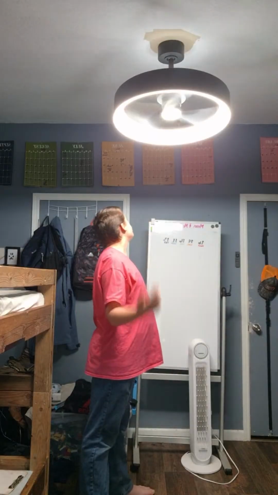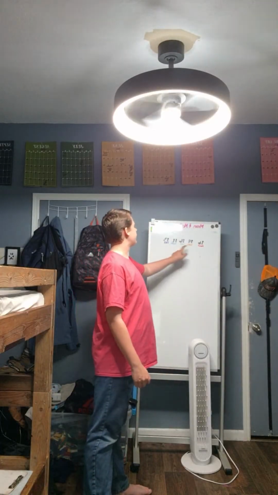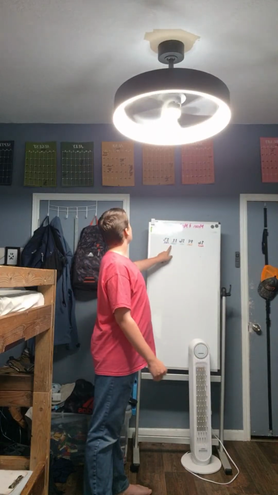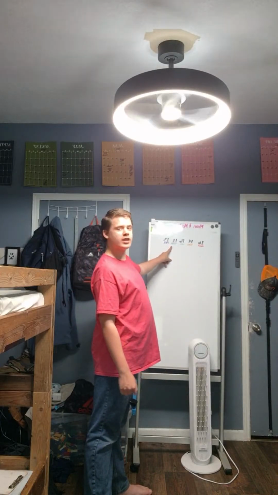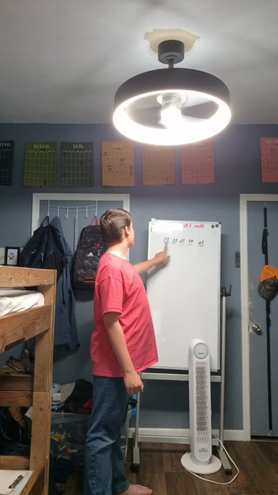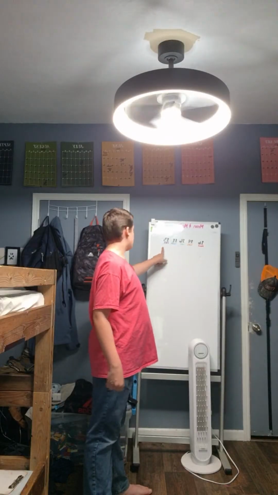Then Tuesday the 7th, it was 14 degrees Celsius. Then Wednesday is the same as Monday. Then Thursday the 9th. And Friday the 10th, which is today, it was 13 degrees. Let's just say that that is true.